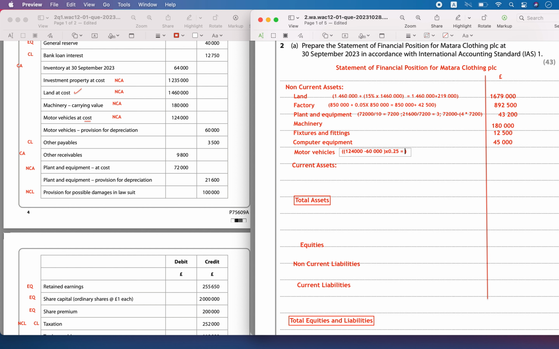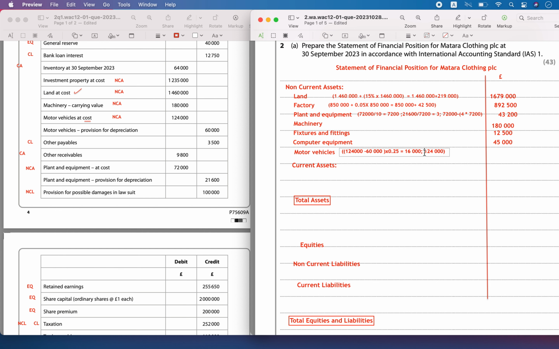So this is the depreciation charge for this year. That is going to be equal to 16,000. Now we have to find the total depreciation charge and then subtract it from the cost to get the actual carrying value.